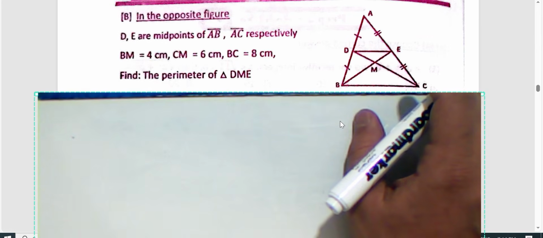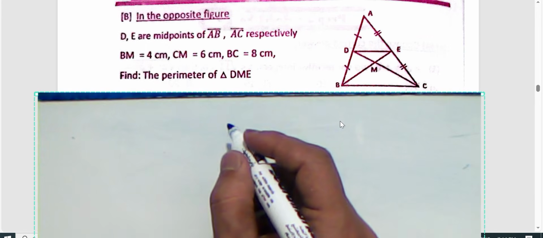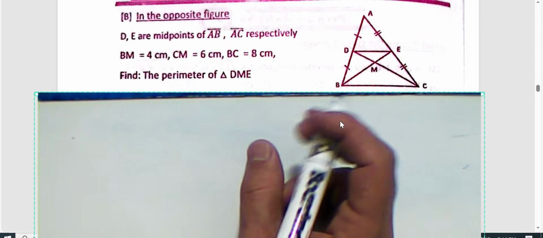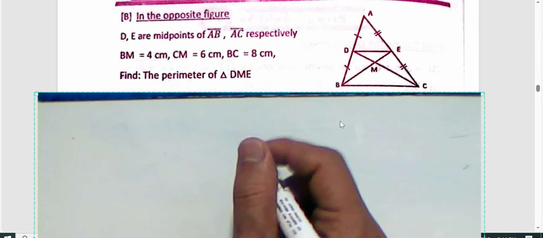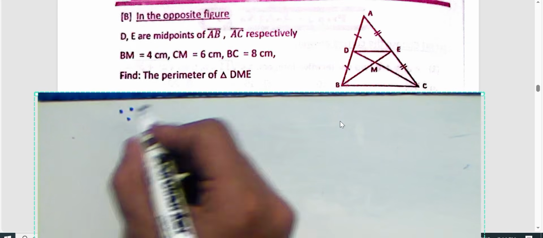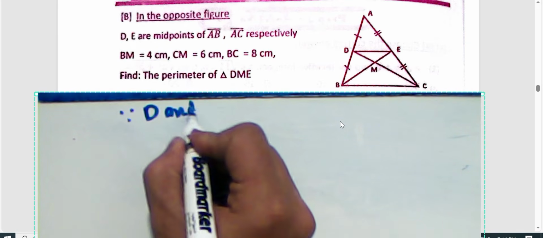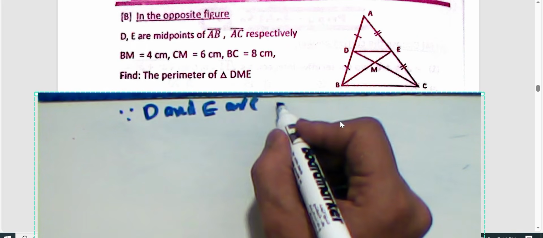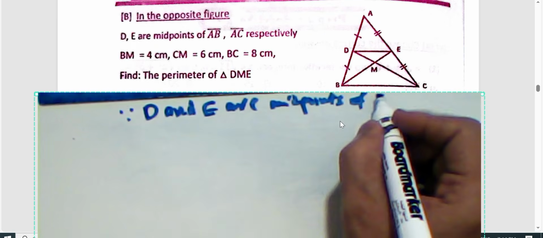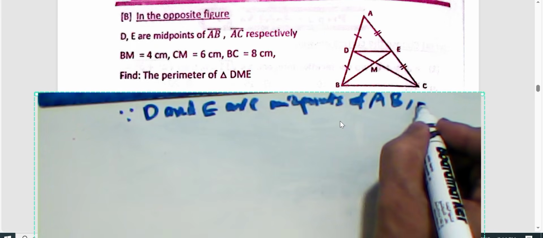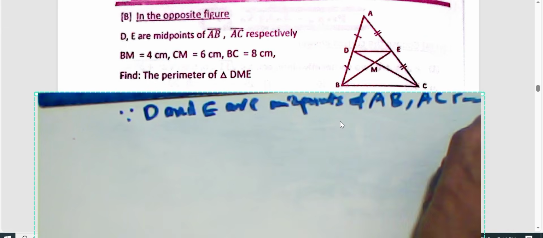We can prove that M is a centroid point first, but we have E and D are the midpoints of AC and AB respectively.